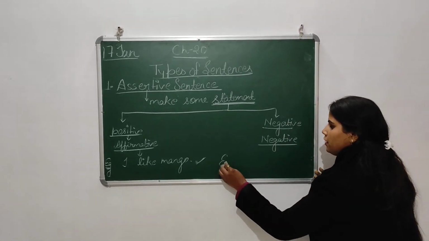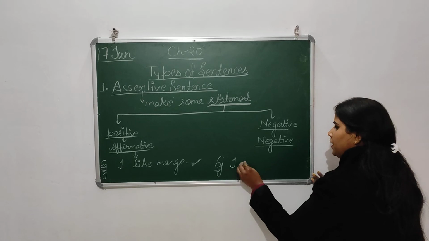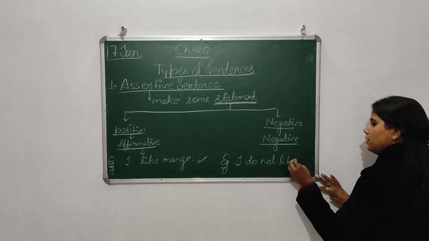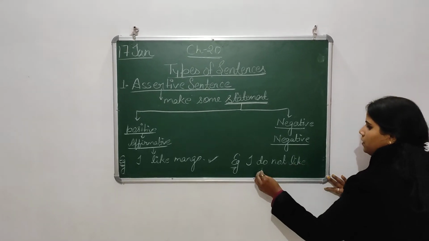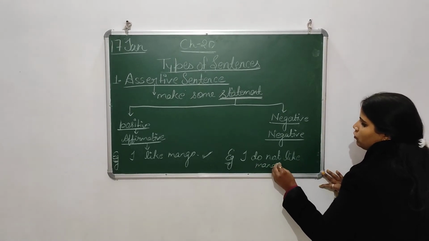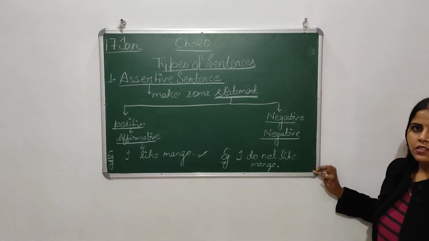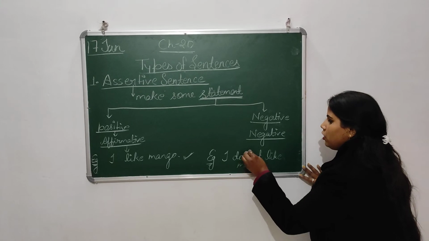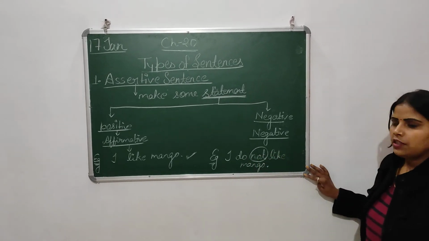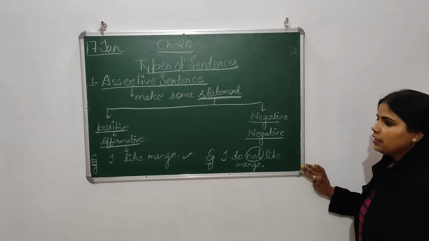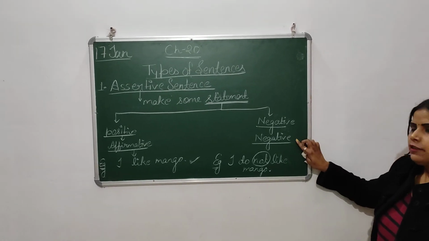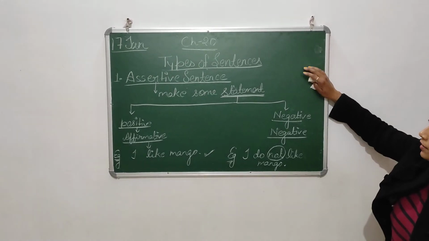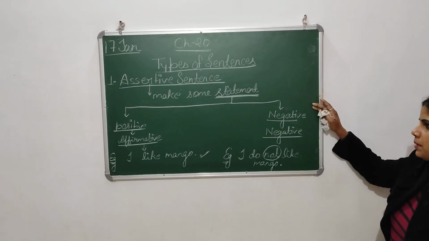But if I write I do not like mango, this kind of sentence gives a negative sense and it always contains the word no or not. So this kind of sentence is known as a negative sentence. Okay, I hope you understand the assertive sentence and its parts.